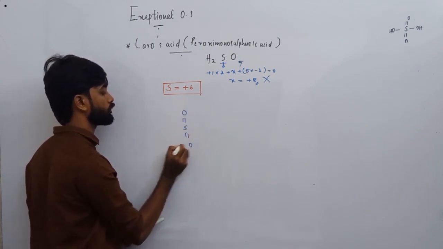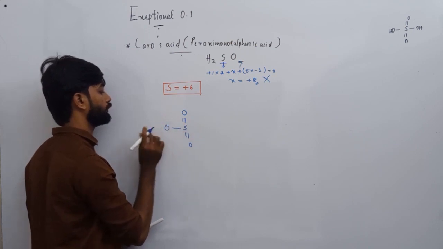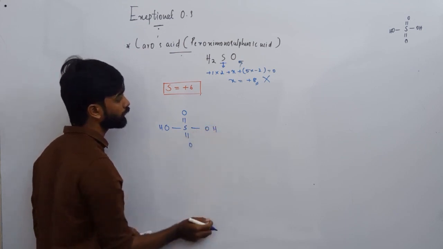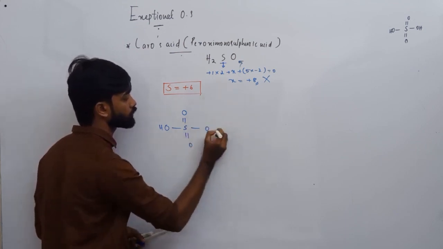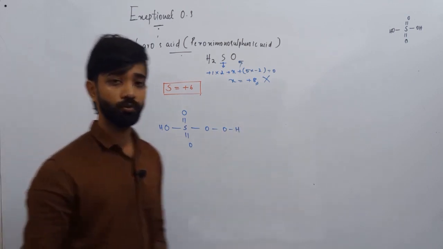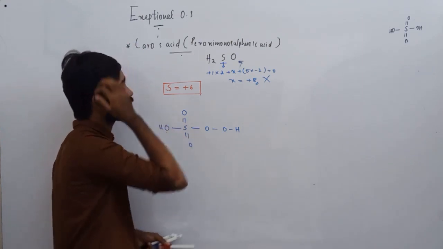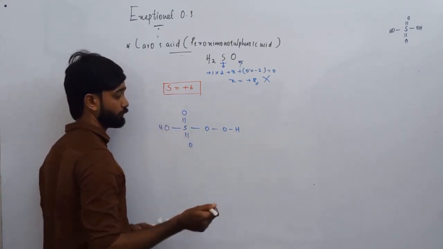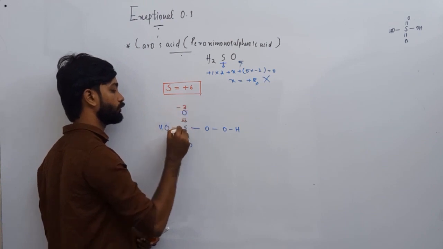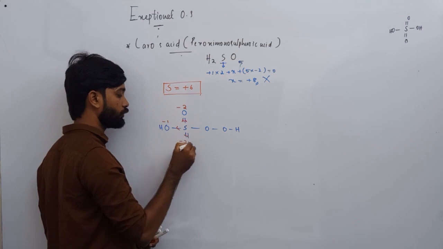So what about H2SO4? H2SO4 is something like this, right? Okay, there is one more oxygen. So that oxygen exists like this. This is a tetrahedral structure. This is the arrangement of your Caro's acid. So this offers -2, this offers -1, this offers -2.